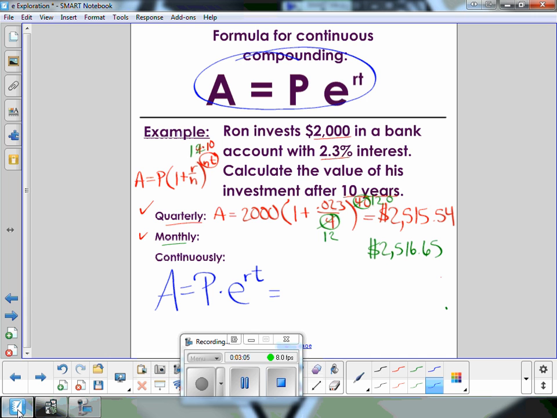So if the bank, instead of compounding his money 4 times a year, or 12 times a year, or even 365 times a year, they would compound it an infinite number of times per year. So we would use the formula 2,000 times e to the 0.023 times 10 power.